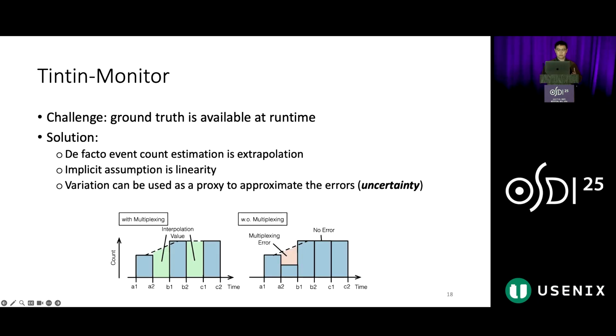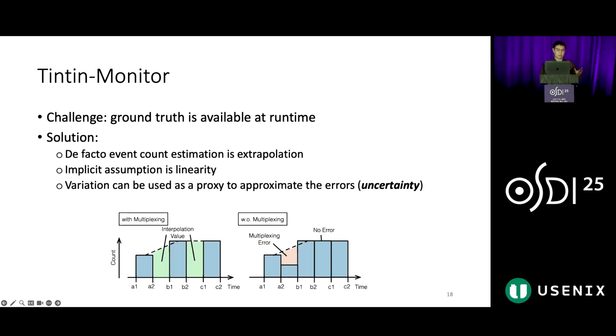Our solution to this problem is to use the variation as a proxy for the errors. As I mentioned earlier, the standard way to estimate the total count is extrapolation. There is an implicit assumption of this extrapolation that the consecutive measurements are linear.